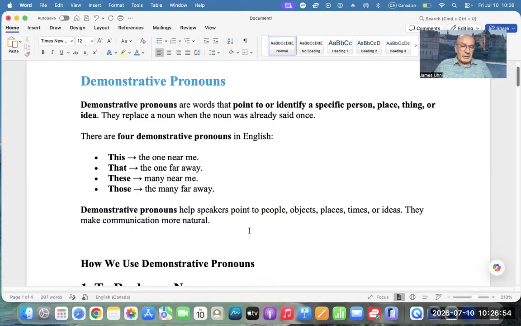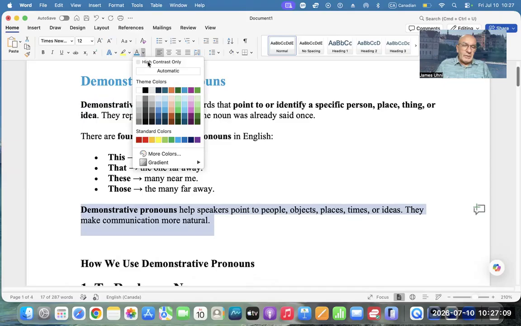They make communication more natural. That means you don't have to think about anything complicated, and it's much easier for you to talk with anybody about anything.